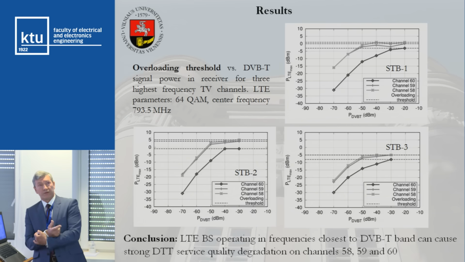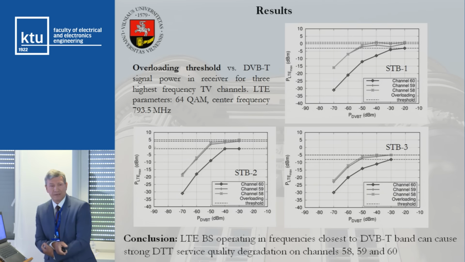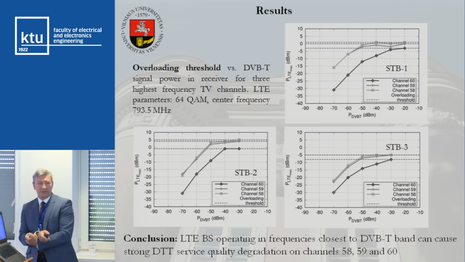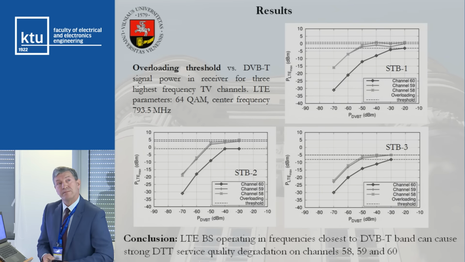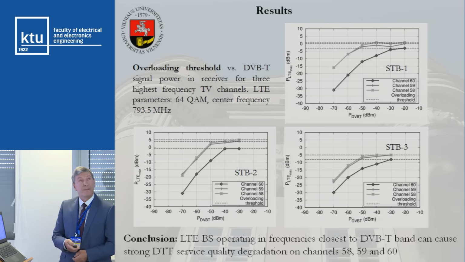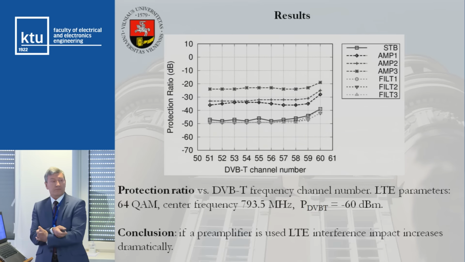So from this we can conclude that LTE base station operating frequencies closest to the DVB-T band can cause strong DTT service quality degradations on these channels. Here we see the resulting curves for protection ratio versus DVB-T frequency channel number.